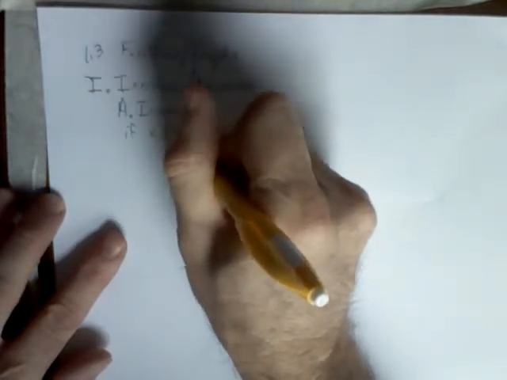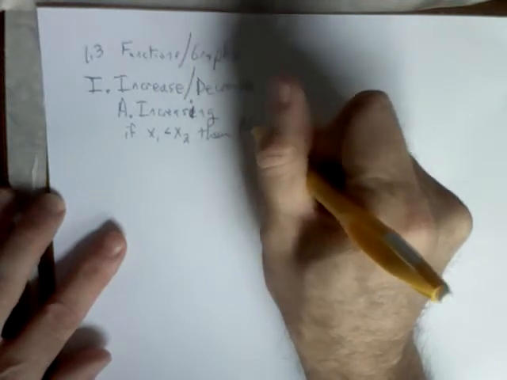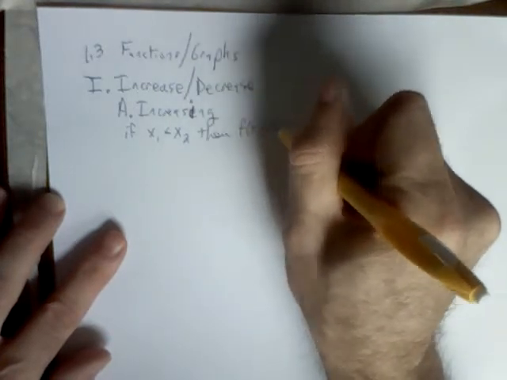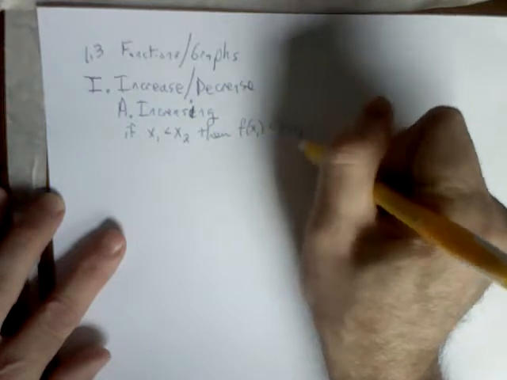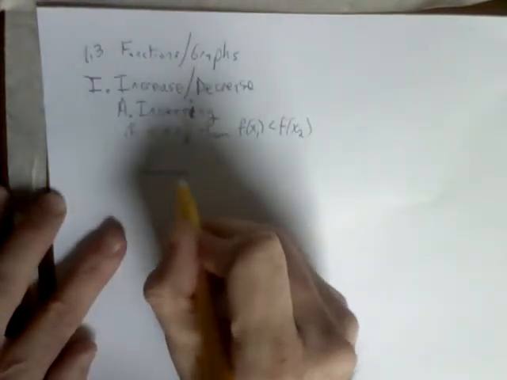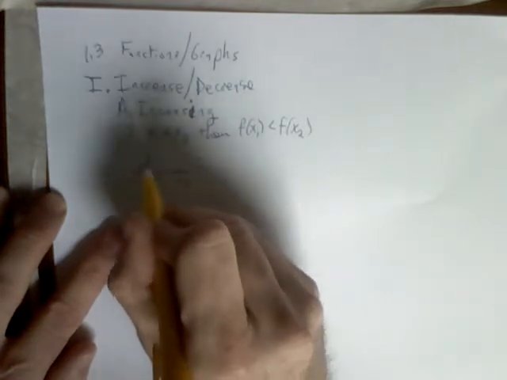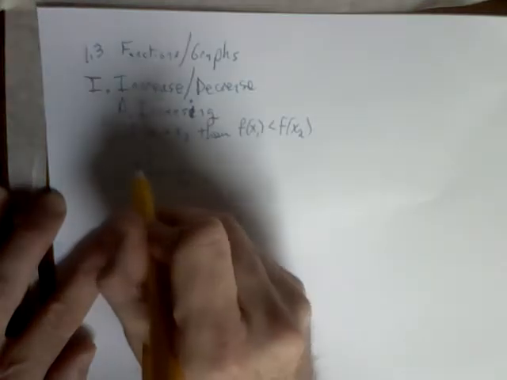Increasing. Okay. So in particular, if x1 is less than x2, then that will tell us that f of x1 is less than f of x2. Okay. So in particular, you have these 2 points, x1 and x2, and then you have f of x1 and f of x2.